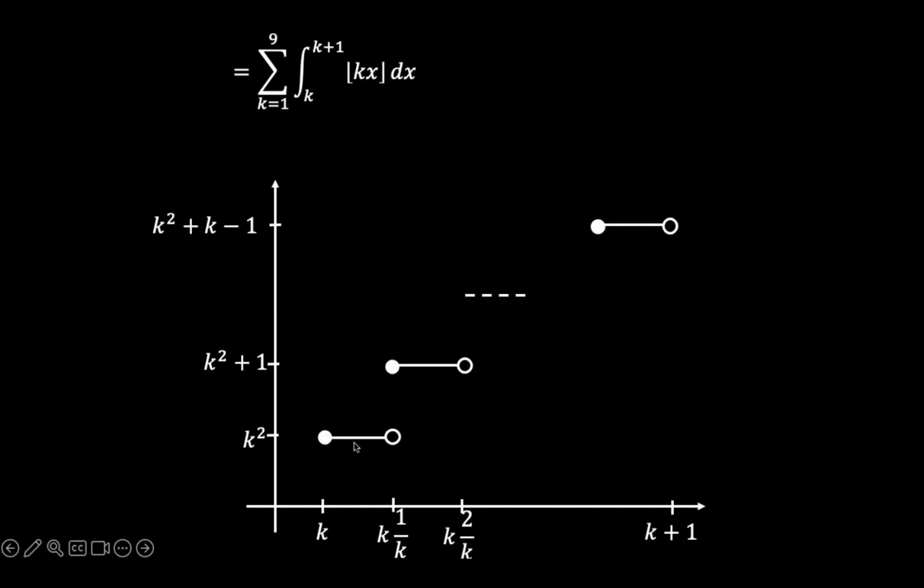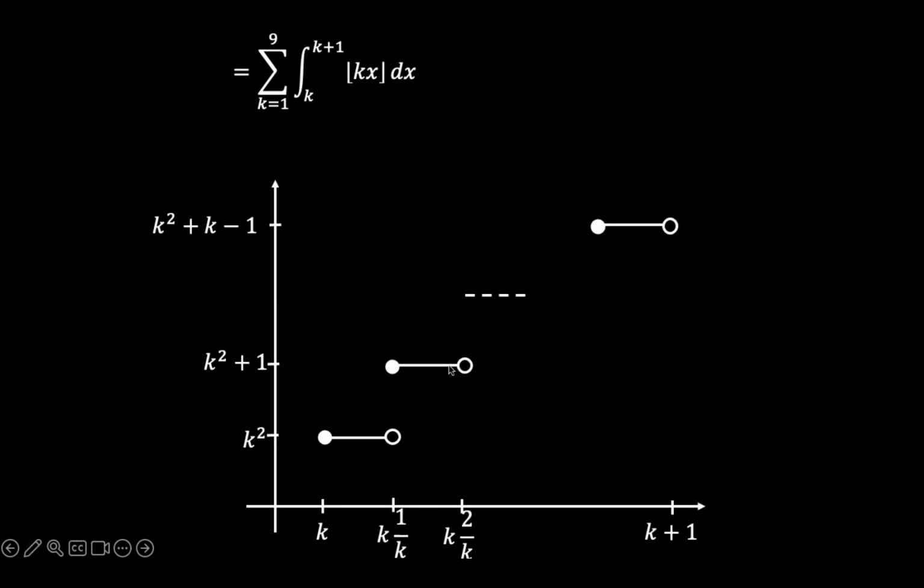And that continues all the way until x equals k and 1 over k, then that now shifts to k squared plus 1, right? Because k times k and 1 over k is k squared plus 1, right?